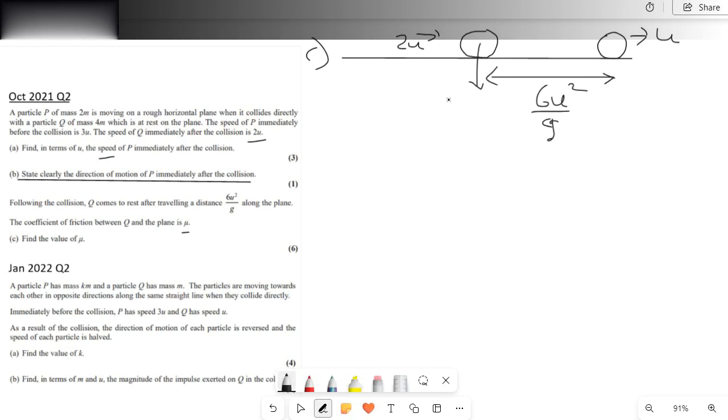So we should have 4mg as its weight, and this is the reaction force, and the frictional force, F max, should be acting towards the left. So first let's resolve vertically, or upwards, and we can say that R is equal to 4mg.